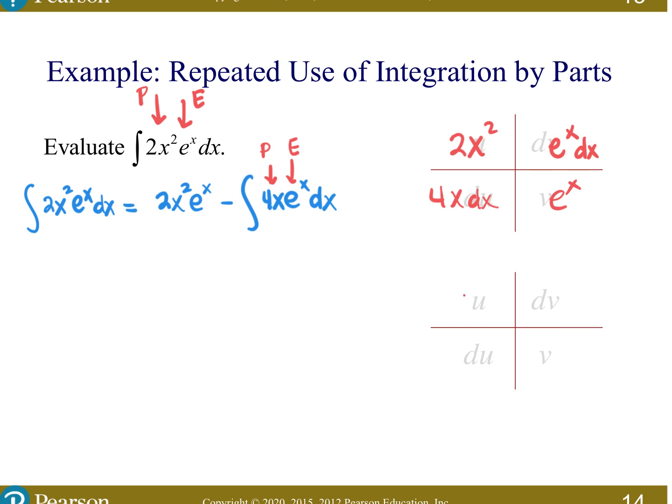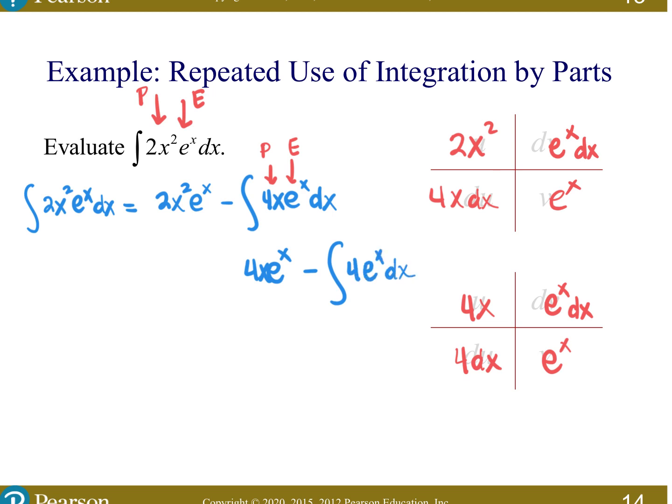So now my polynomial choice is 4x, the derivative of which is 4 dx with the differential, and then e to the x dx being my dv part, with v being e to the x. And we saw that that combination led us to 4x e to the x as the first combination, minus another integral of 4 e to the x dx.